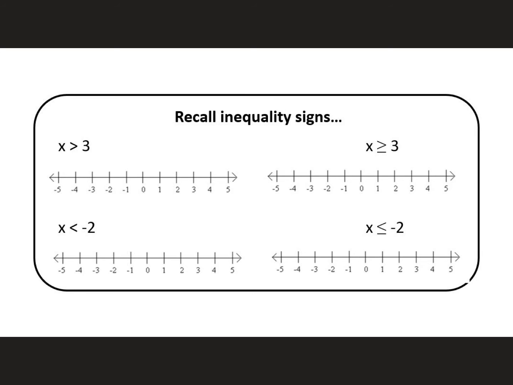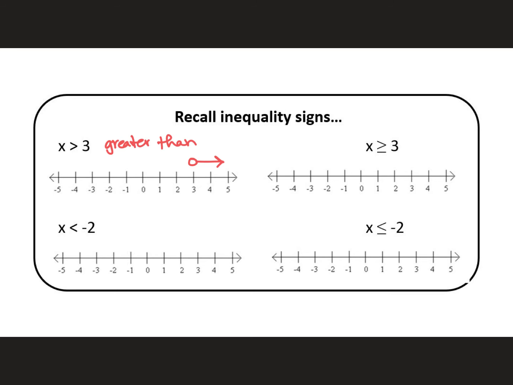So, reminder here, this would be x is greater than 3. When I go to graph this, I go to the number 3. It'll be an open circle, and the arrow points towards numbers that are greater than 3, and those numbers would be found to the right.